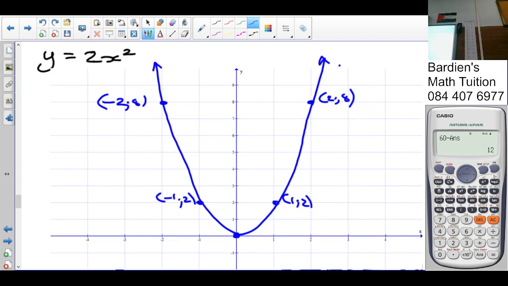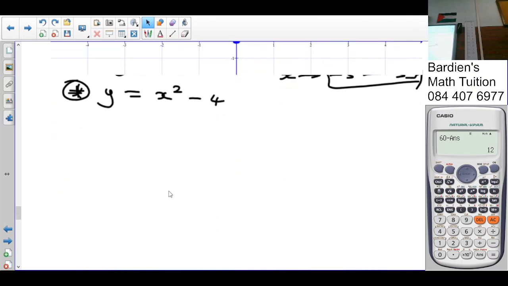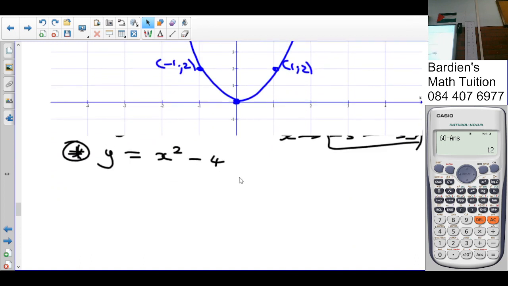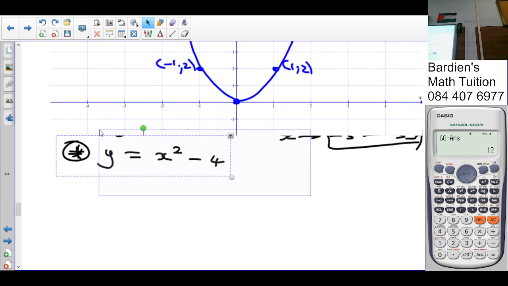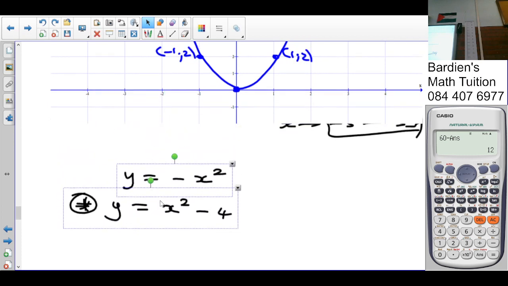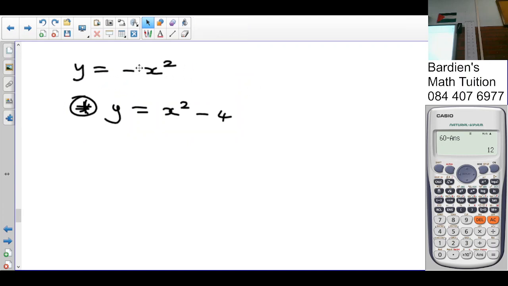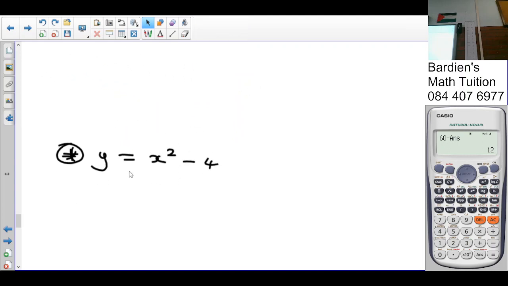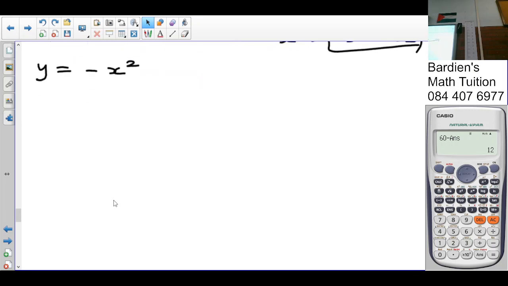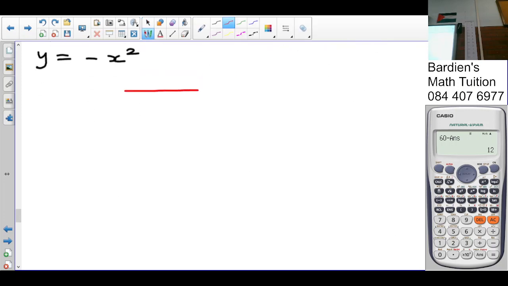Okay. Now let's look at the next graph. The next graph looks like that.